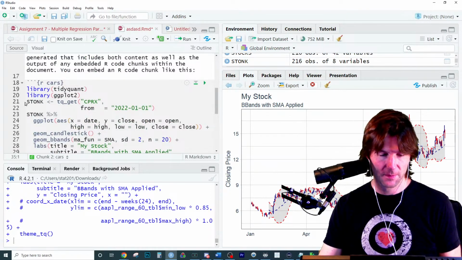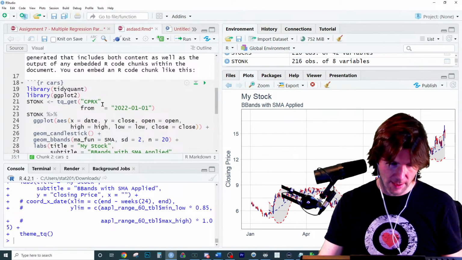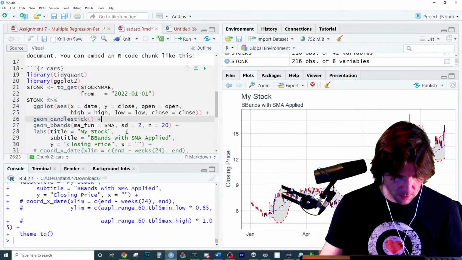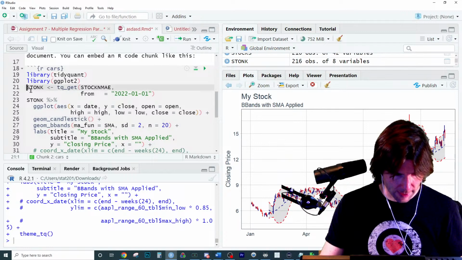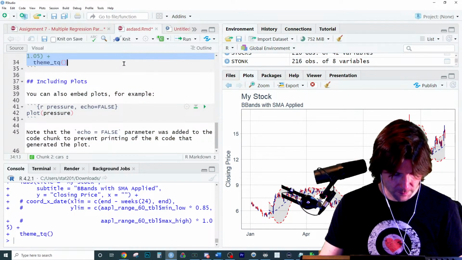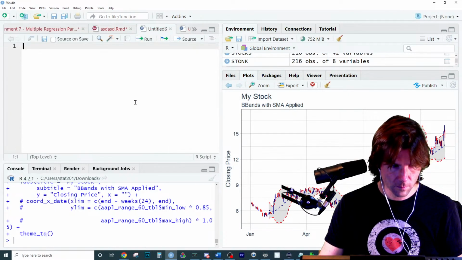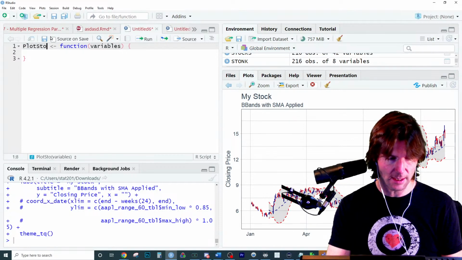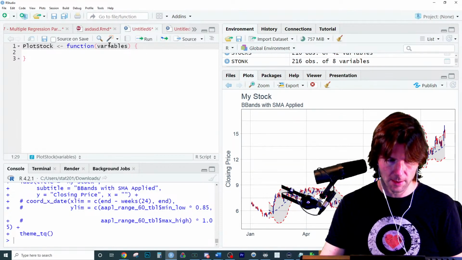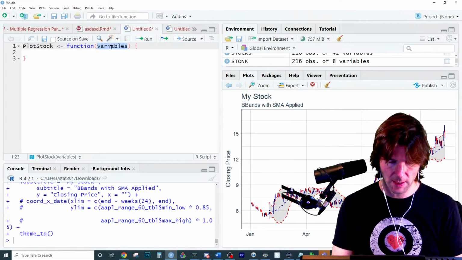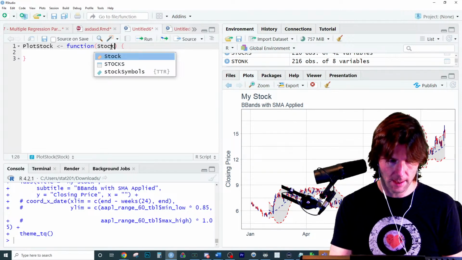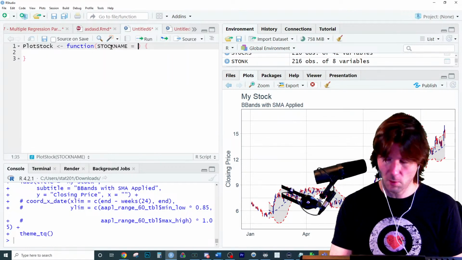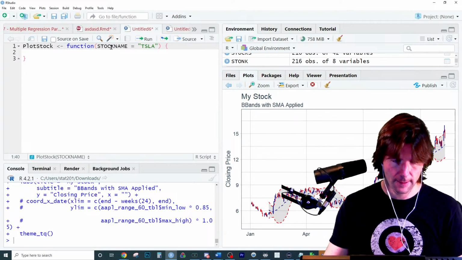What's even better is if I go right here and we call this stock name, and I grab all of this, and we make a function and call it plot stock, and in here say stock name equals TSLA.